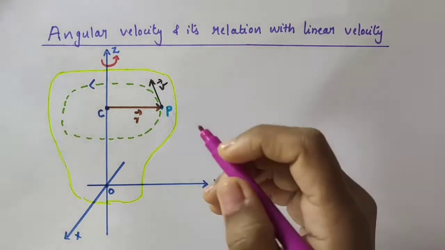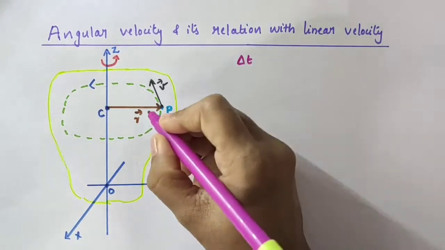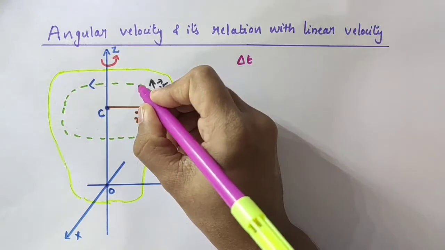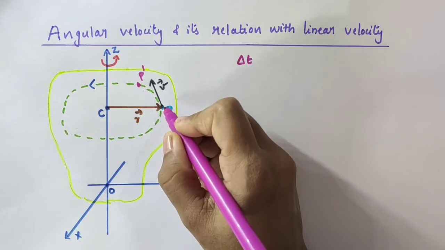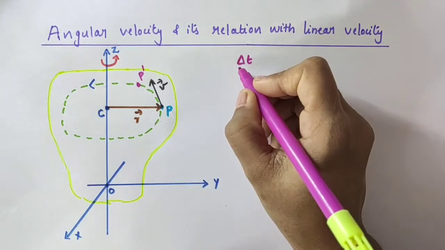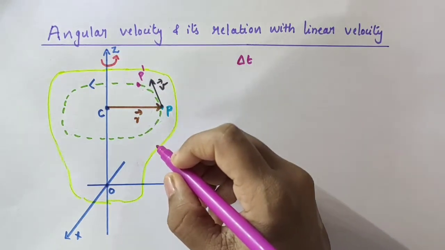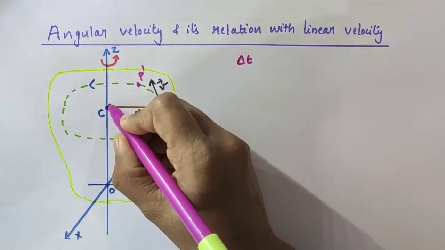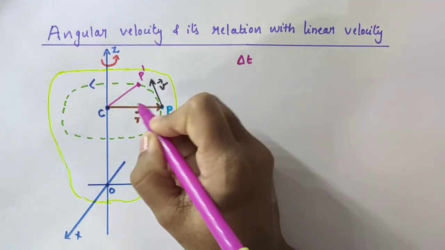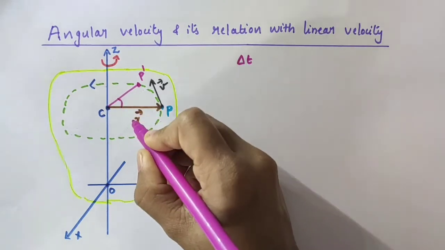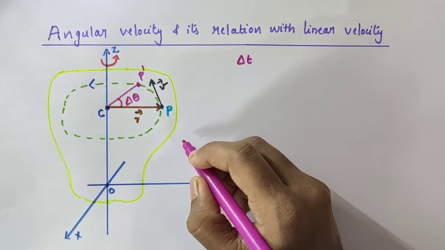Now, after an interval of time delta t, let the particle reach this point P dash. Initially the particle was here at this point P, then after some time delta t, the particle has reached here at this point P dash. Then I take this angle, that is angle PCP dash, as delta theta.